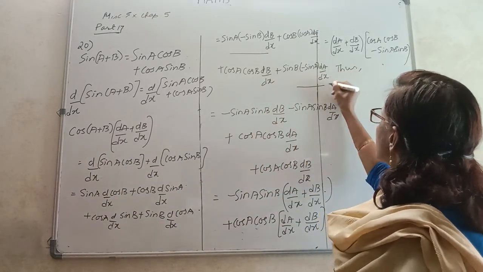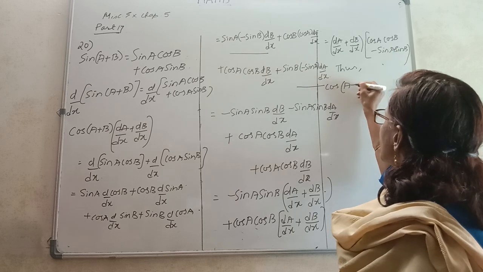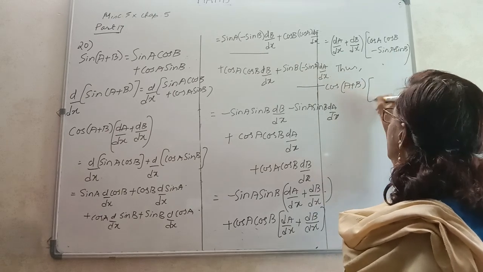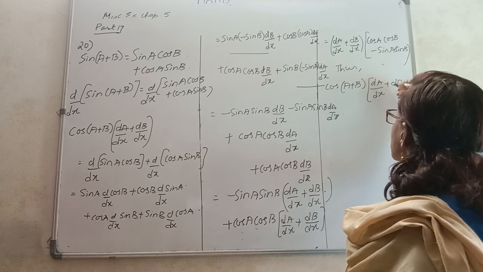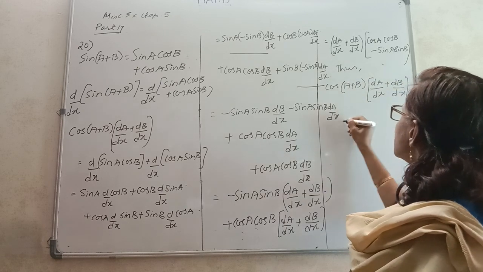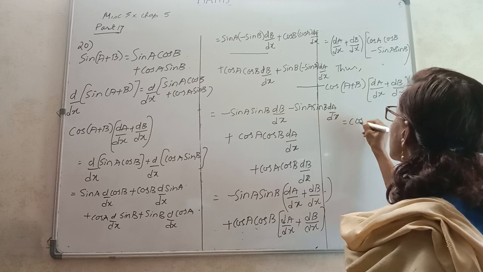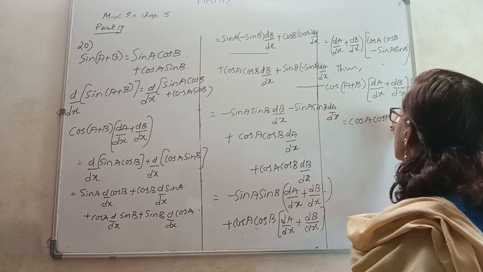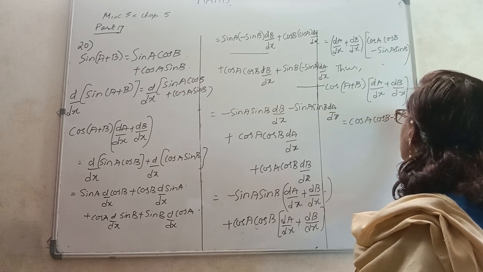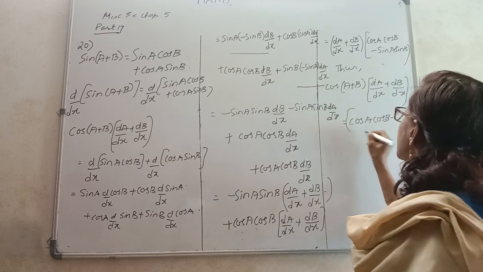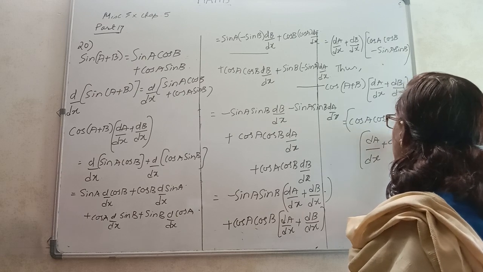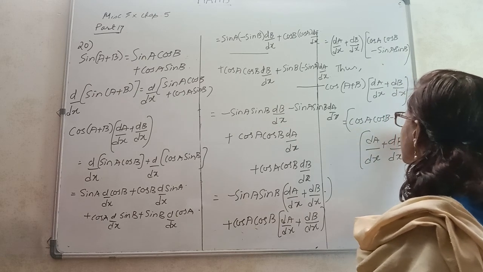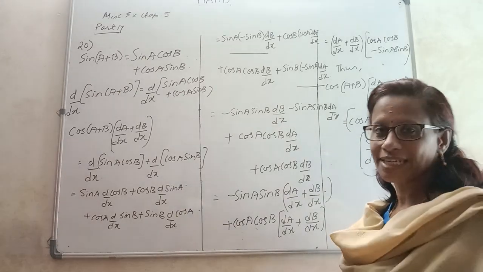What have we got? cos(A+B) times (dA/dx plus dB/dx) is equal to (cos A cos B minus sin A sin B) times (dA/dx plus dB/dx).